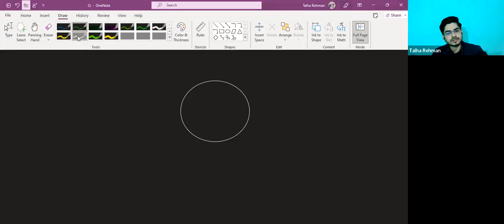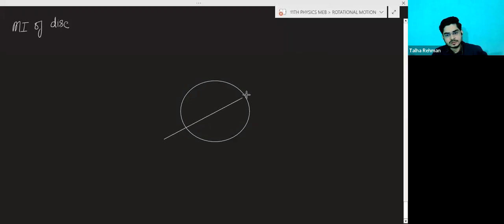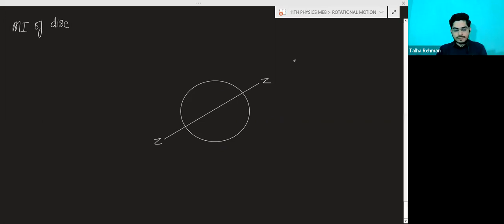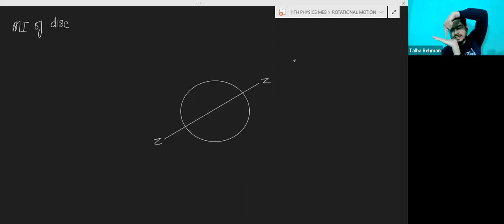For example, we can show it like this. Suppose this is the z-axis, and this axis is perpendicular to the plane of the disk.